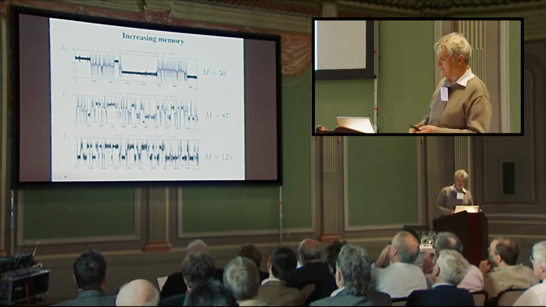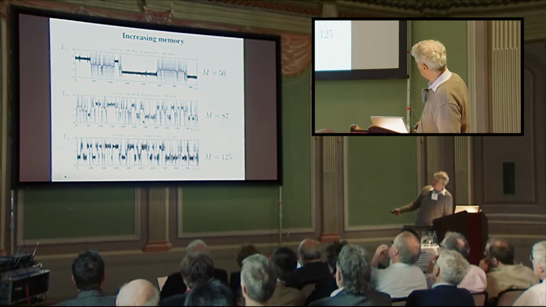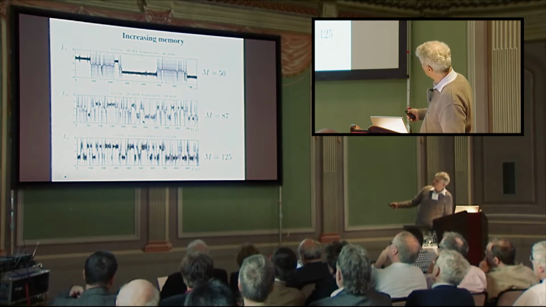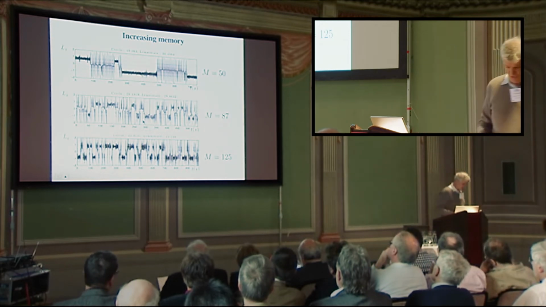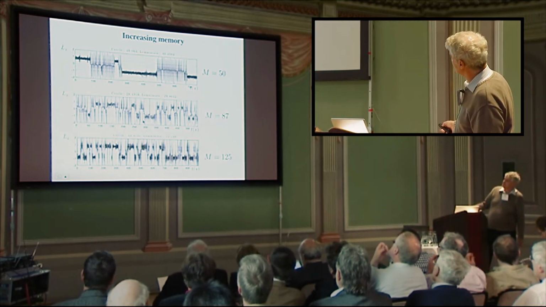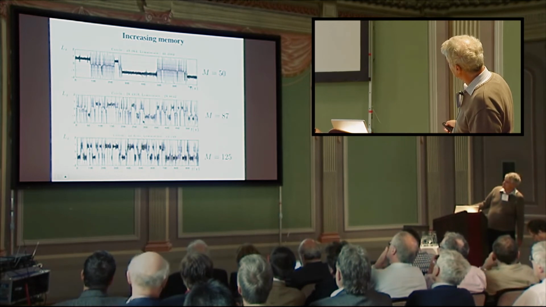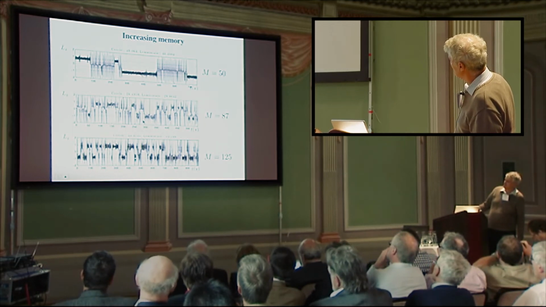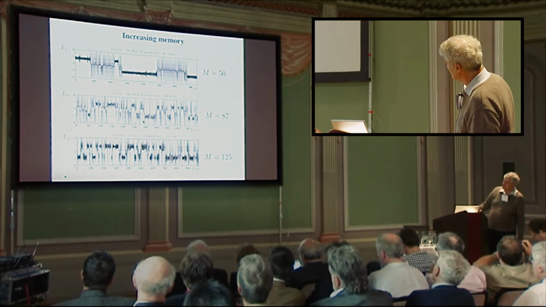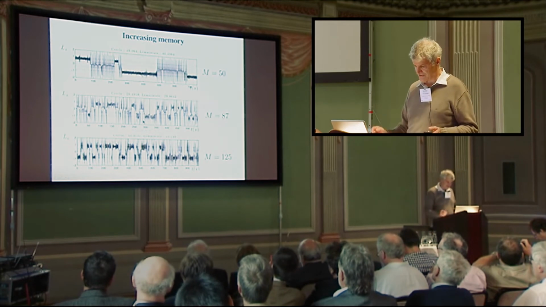Okay, so the same phenomenon is observed whatever the memory, but with a different typical time of intermittency. For those who are used to nonlinear physics, this is a typical intermittency between two states, and the typical time of the intermittency decreases when the memory increases, but you still retain the same mixture of eigenstates.